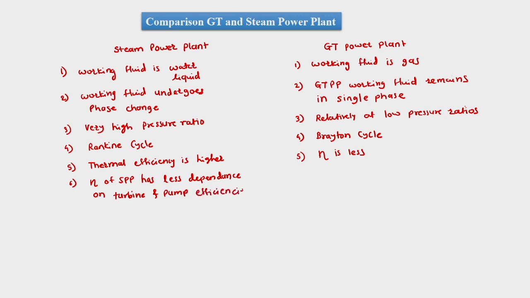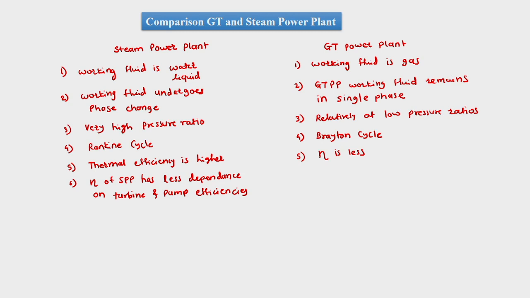This has to do with the fact that the working medium undergoes phase changes, hence the separation between the turbine process and the pump process has the phase change dome in between them. So pump work is very less and the turbine work is very high, which has relevance with the work ratio, which we will be seeing later on.